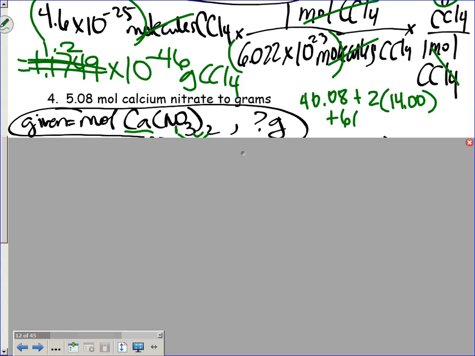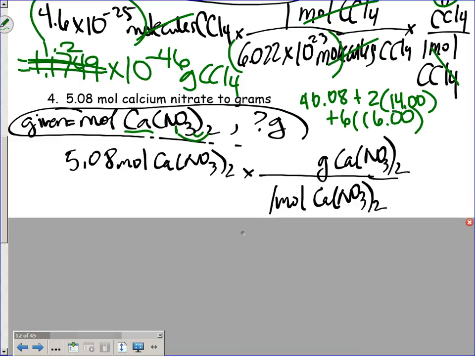So plus 6 oxygens, that's 16.00 each. Gives you what? 164. Perfect. So moles cancel with your molar conversion, and your grams are on top. You're ending with grams at the end. Your final answer, assuming that you have the correct formula, should have been 834 grams of calcium nitrate.